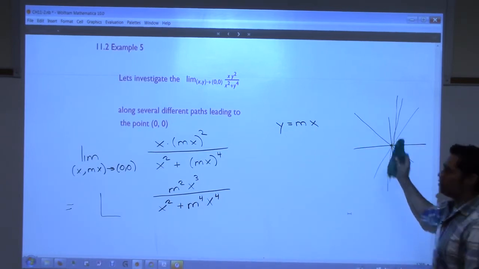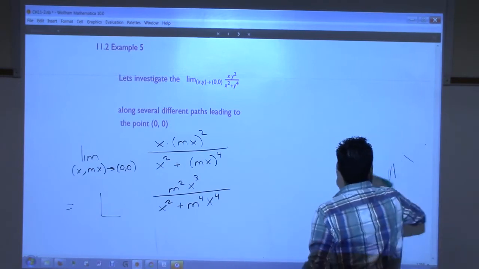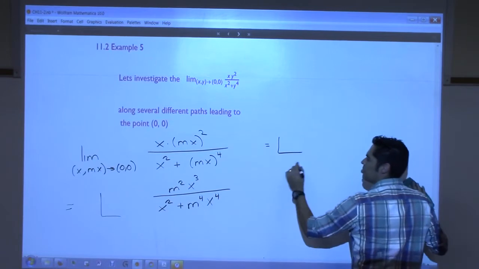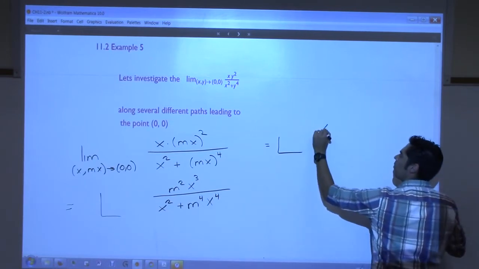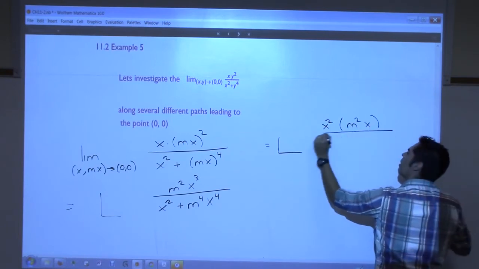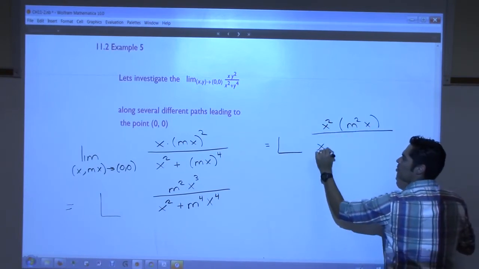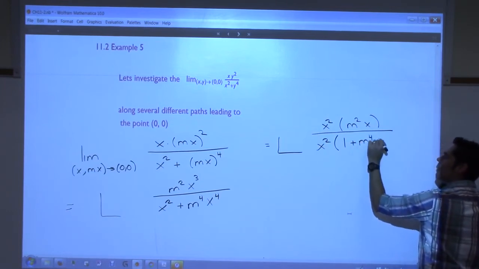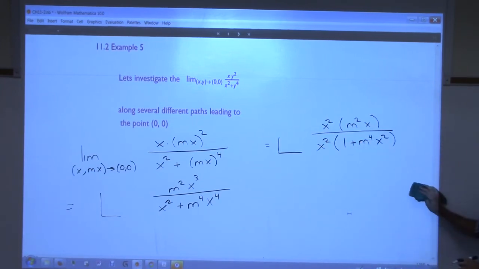Yeah? All right, let's keep going. This limit becomes factor out an x squared on the top. You're left with m squared x. And on the bottom, pull the x squared out. You're left with 1 plus m to the fourth x squared. We good? Just algebra here?